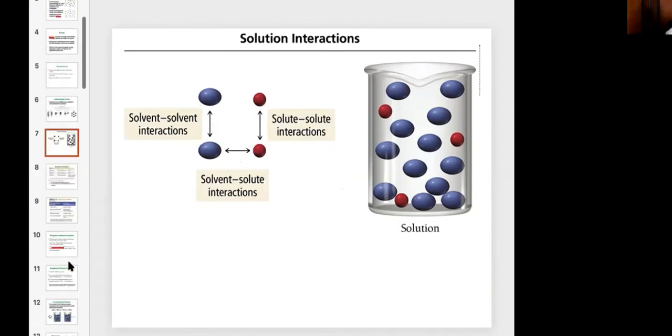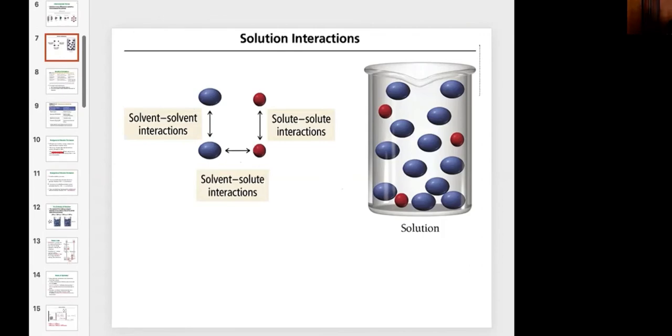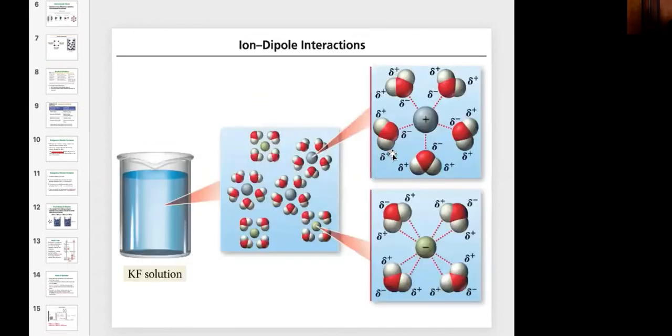If I take an ionic compound and dissolve it in water, I first have to break apart that ionic lattice. So now I have ions. Remember, sodium chloride as a solid is a packing of sodium ions and chloride ions, packed together in that lattice structure where you have alternating positive and negative charges.